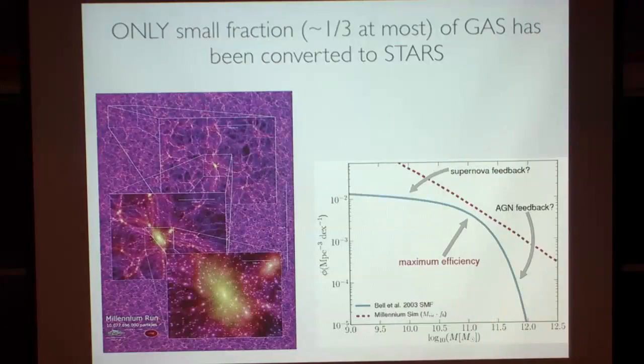This actually leads to speculation, for many people, about different feedback processes that can lead to this kind of inefficiency of gas star formation at different scales.